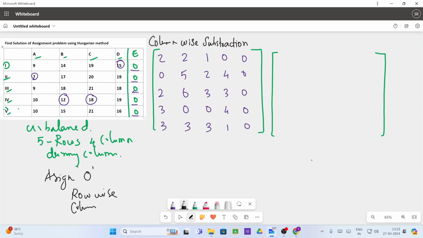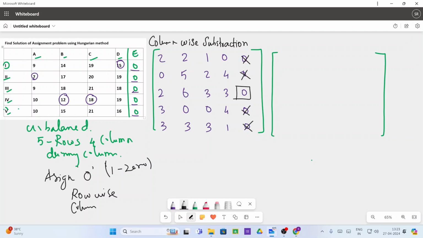Only when there is exactly one 0 in a row can you assign that particular zero; otherwise you cannot. Here, the first row has two zeros, so you cannot assign. The second row again has two zeros, so you cannot assign. The third row has only one 0, so when you assign this, the column zeros will be cut off.